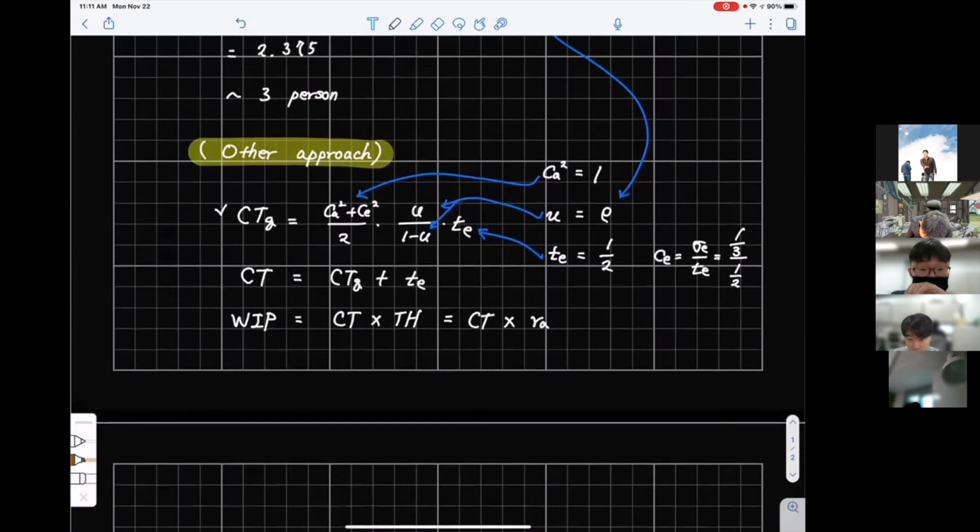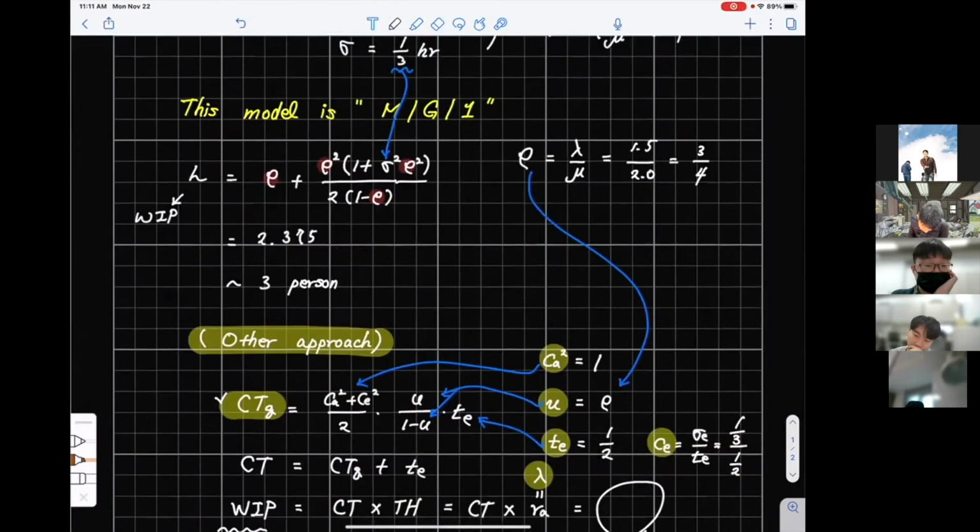And the arrival rate is the same as lambda. By inserting these values into the original equation for CTq, we can calculate the WIP, and the result is the same as our calculation with this.